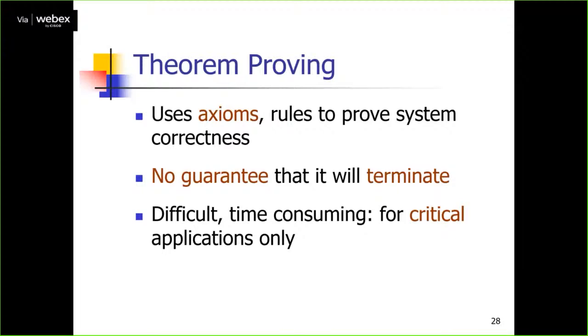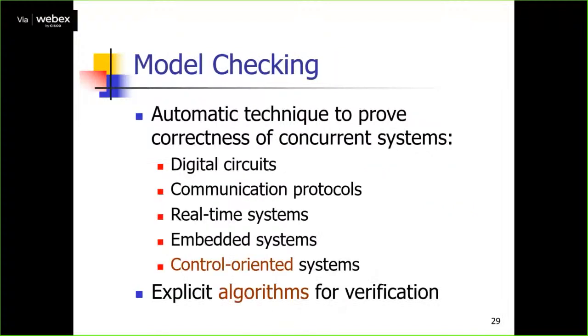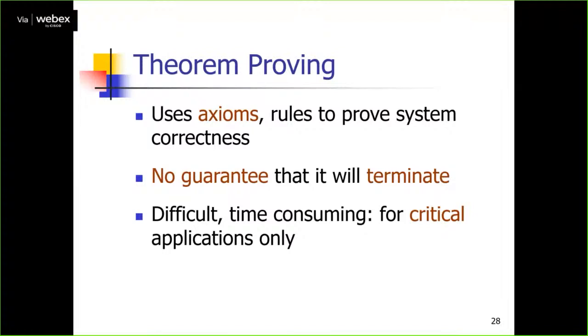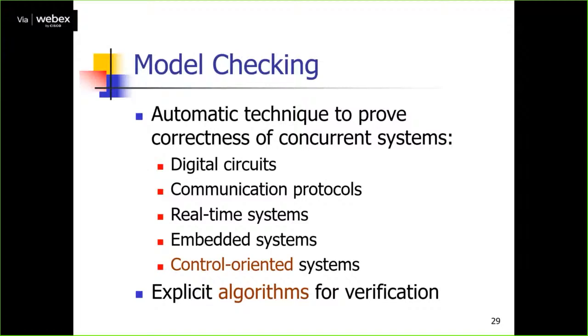So it becomes more difficult and more time consuming, and is used only for critical applications. The theorem proving technique is not fully automatic. You can have automaticity, but at a lower level.